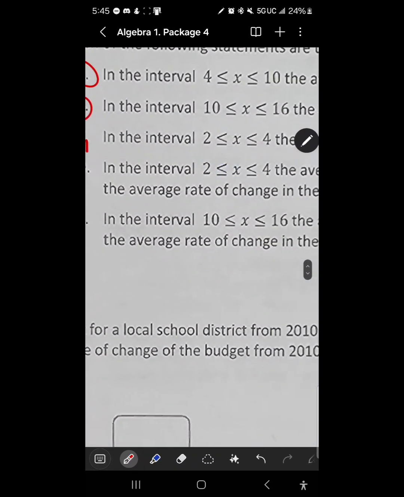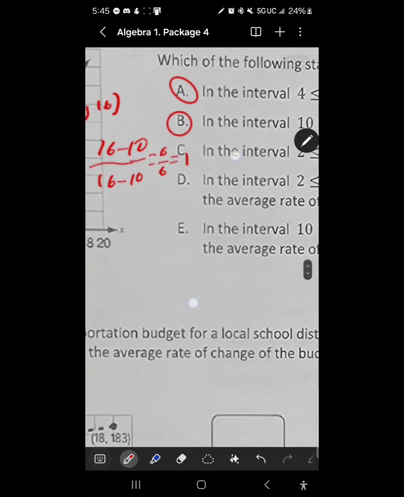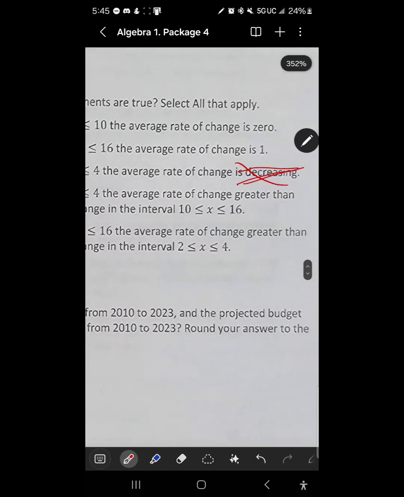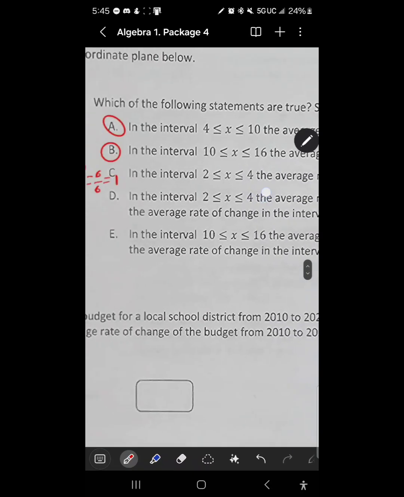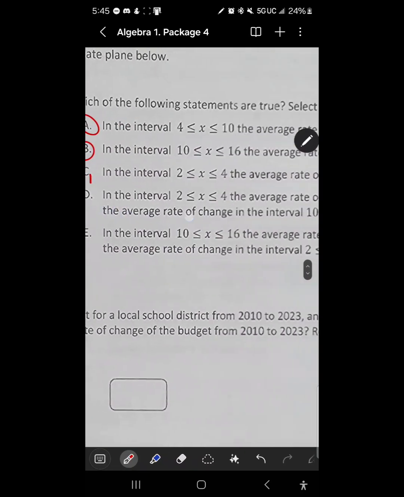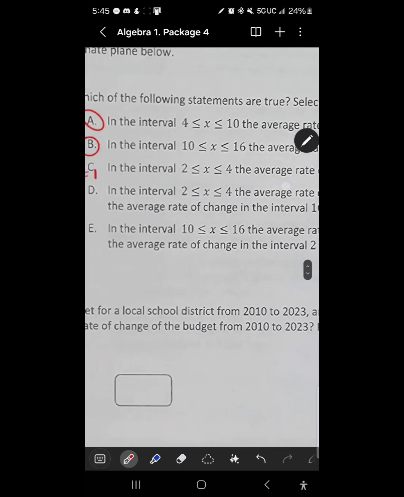Now, if it is equal to the 4 we just calculated. Wait. The average rate of change is greater than the average rate of change in the interval 10 to 16. So we know that in 10 to 16 it was 1.